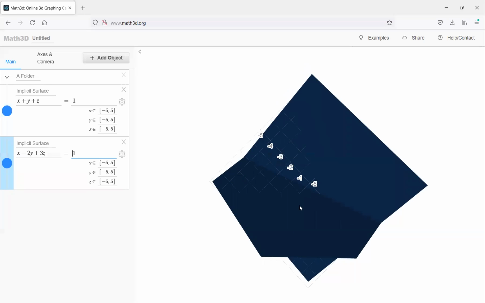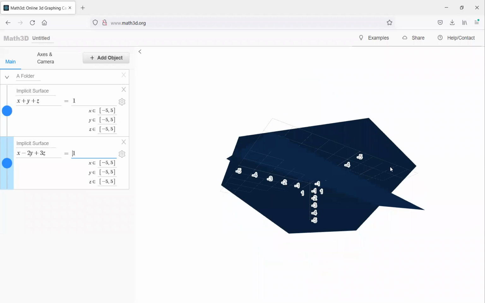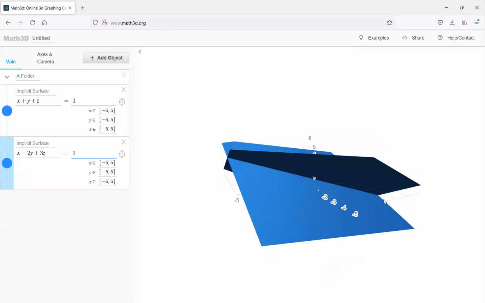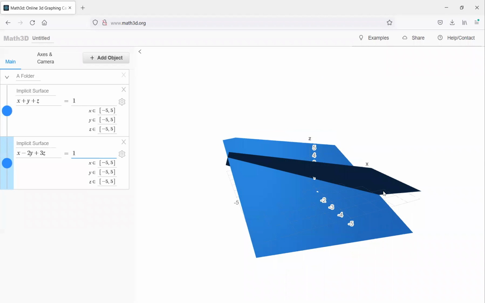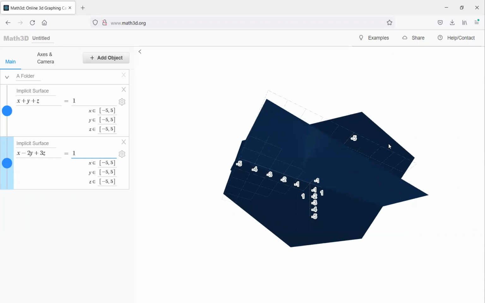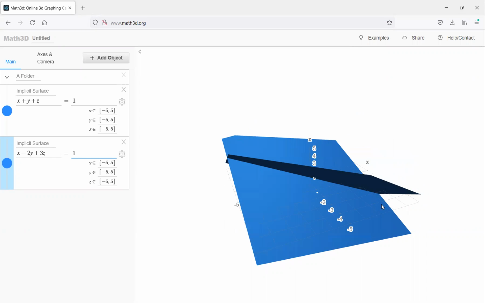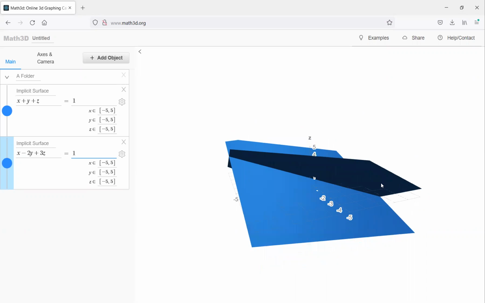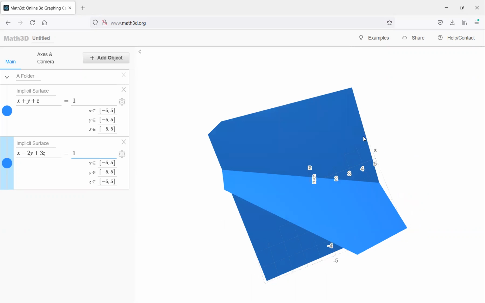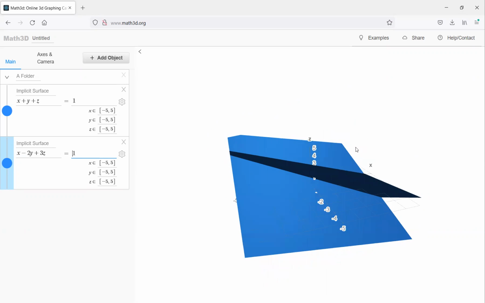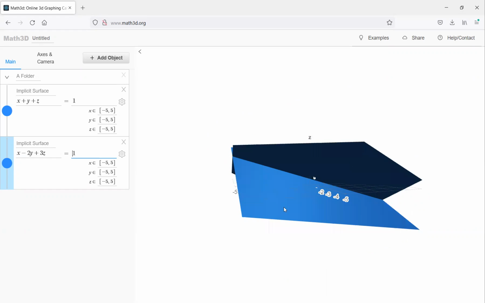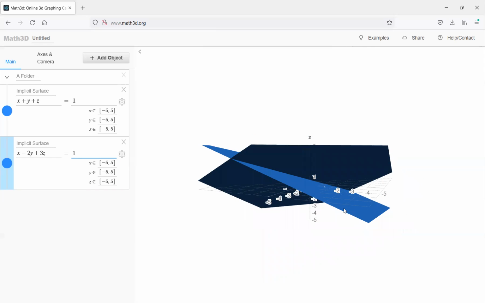Okay, perfect. So as you can see, these two planes are intersecting planes. And we're finding the angle between the normal vectors.